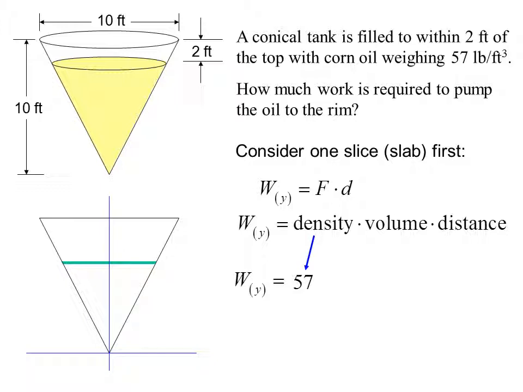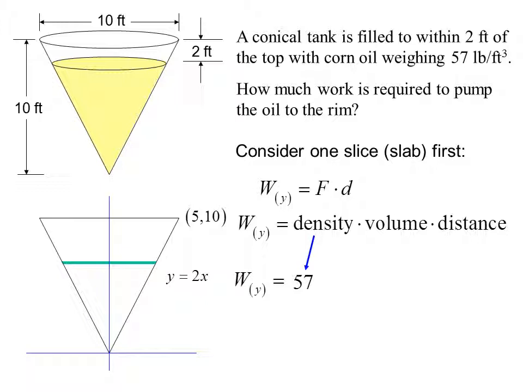Now we set our axes in, and we notice that this point here would be at x equals 5, y equals 10. So we could write the equation of this line. It's y equals 2x because the slope is 2 and it goes through the origin.